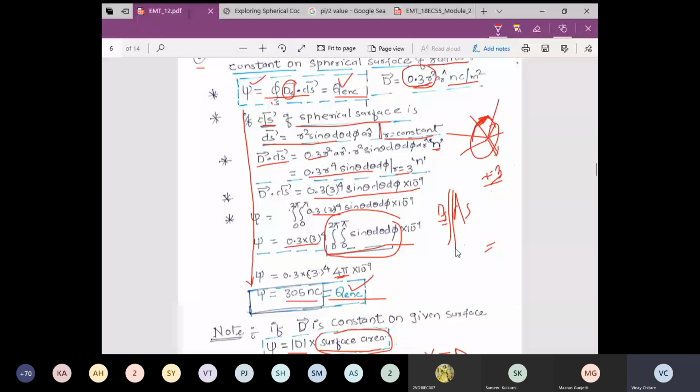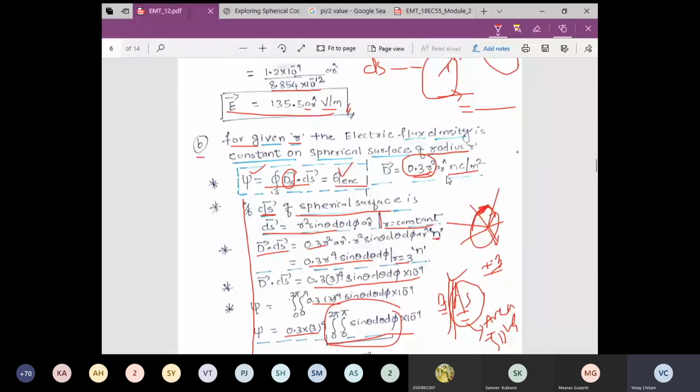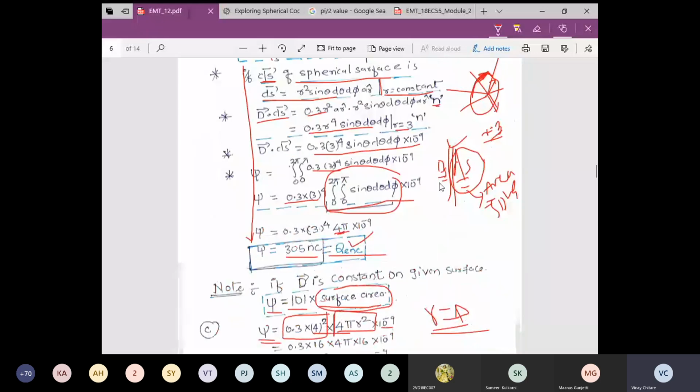We know that dS is nothing but the differential area of a spherical surface, and if we integrate completely for a closed surface, this will lead to the surface area of a sphere. And that is what I tried to tell here. And this trick you can really apply whenever the flux density is constant on that particular surface.